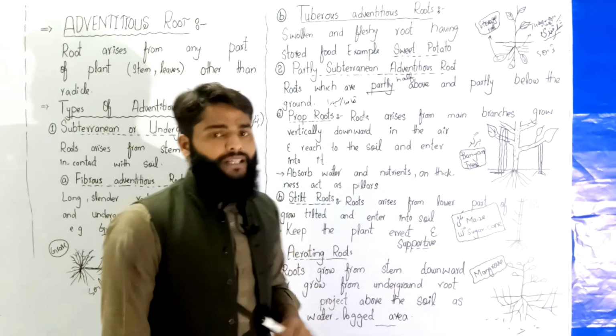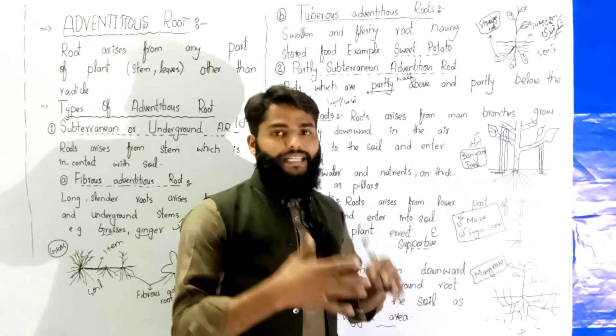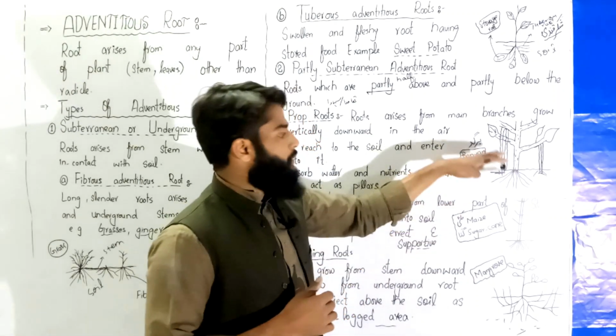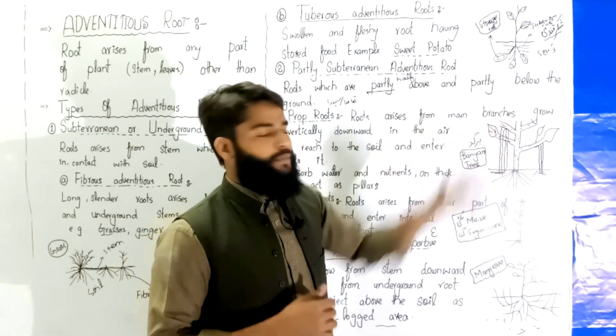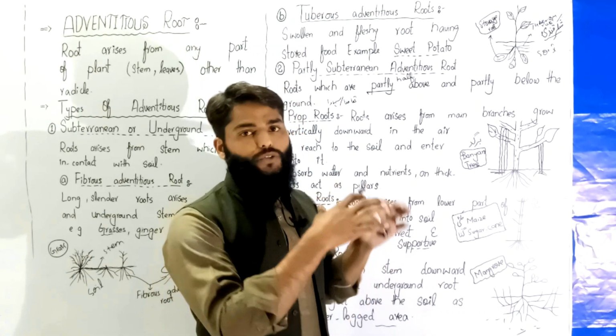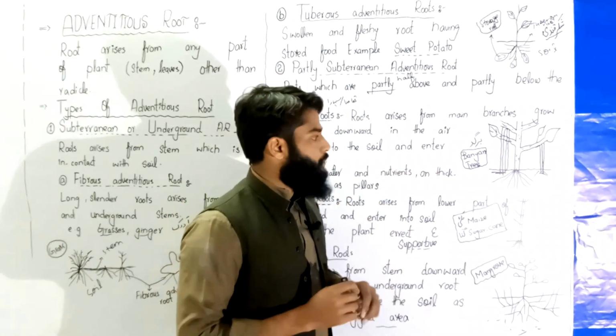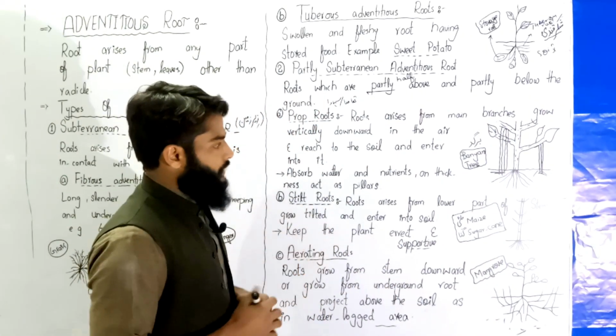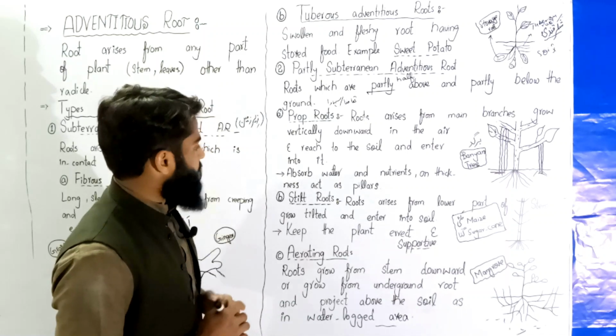After some time, these roots get thickened in their size, get enlarged and become the pillars for that plant. अब ये pillars बन जाते हैं, ये supportive बन जाते हैं और ये उस plant को support करते हैं, उस plant को थाम लेते हैं, उस plant के लिए beneficial role play करते हैं.